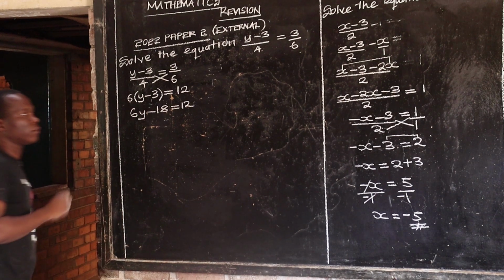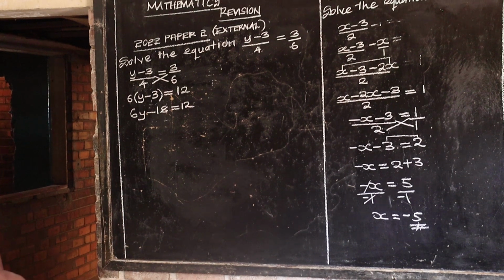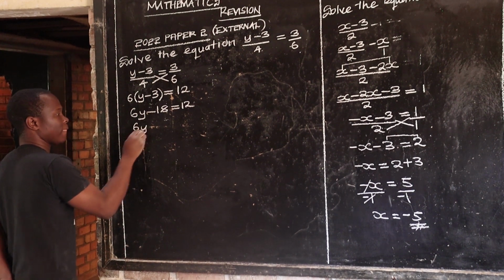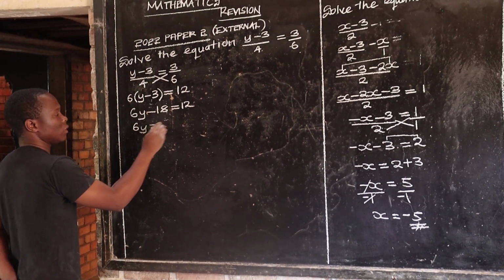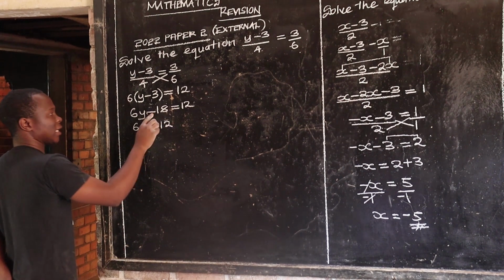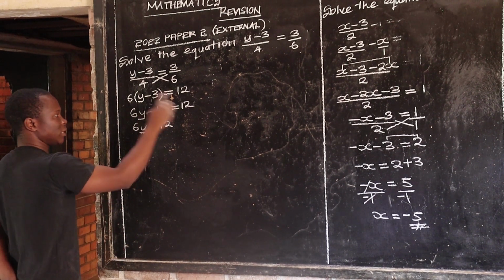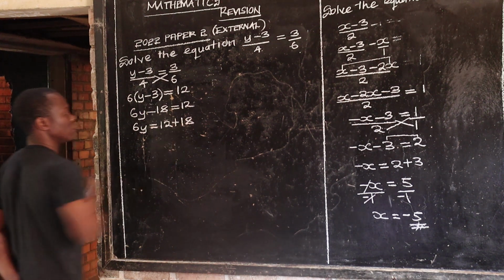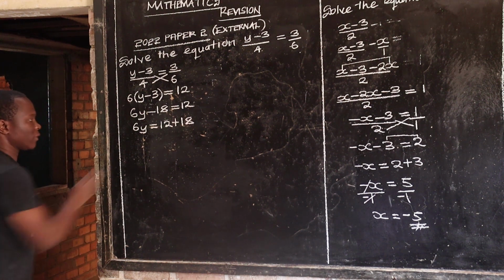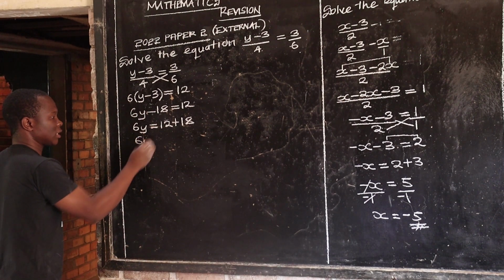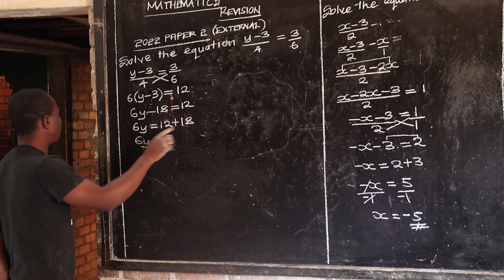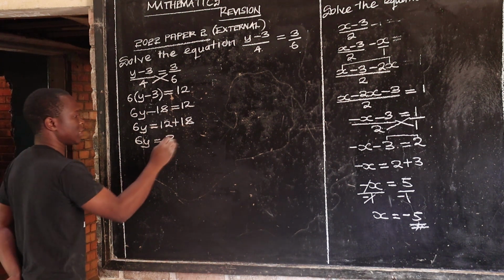Okay, so at this level we are going to group the like terms and say we maintain 6y is equal to 12. Now this is negative 18. When you transpose it, you're going to have positive 18. Okay, so at this level you can move on and say 6y is equal to 12 plus 18, you get 30.